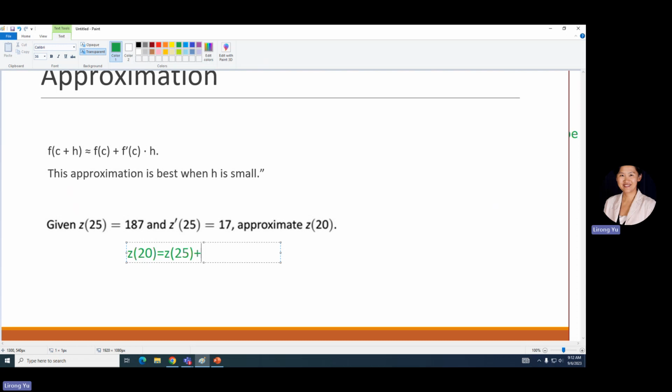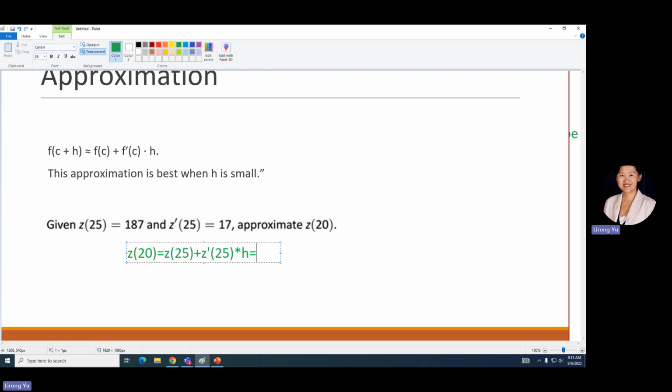The change is calculated by the rate of change multiplied by the change of the independent variable. We call it h, but how do you calculate h? H is a value that can be calculated using subtraction of the two x values.